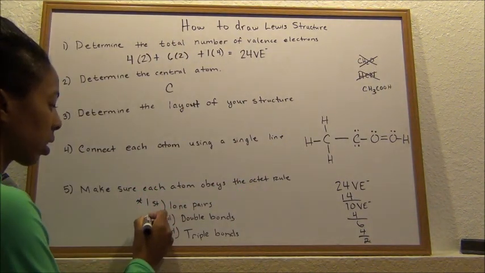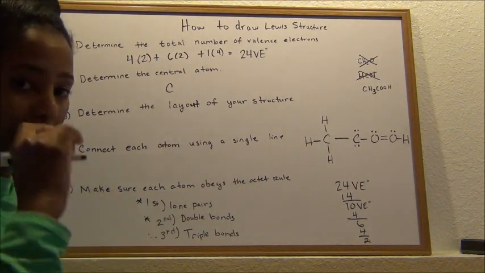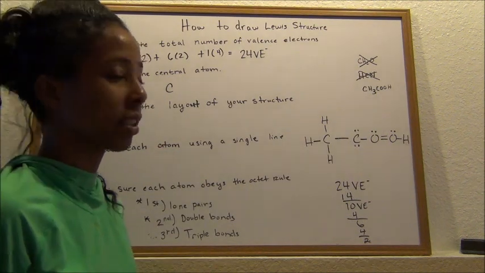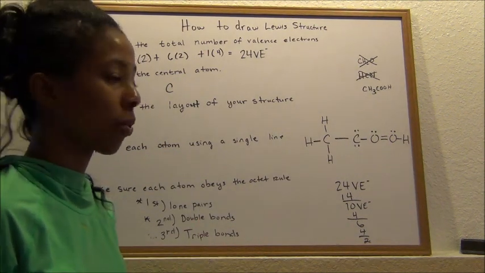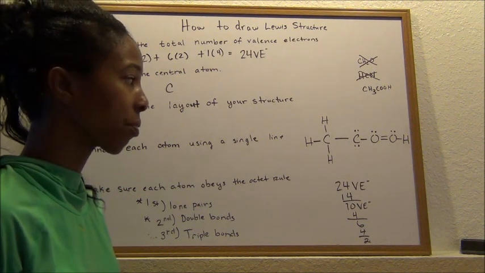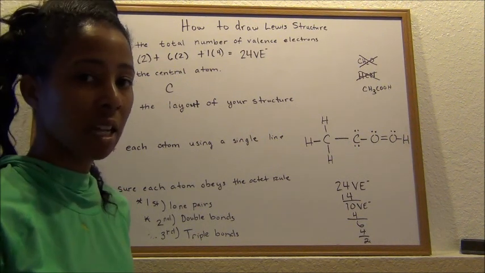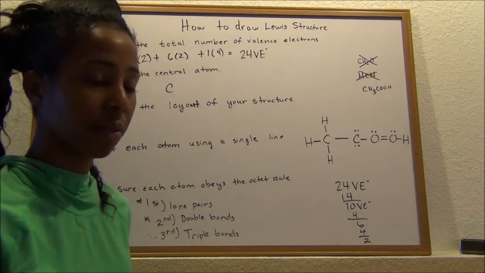Now, this will give you the illusion, because everything obeys the octet rule, that this is the correct structure for acetic acid. But it is not the correct structure for acetic acid.